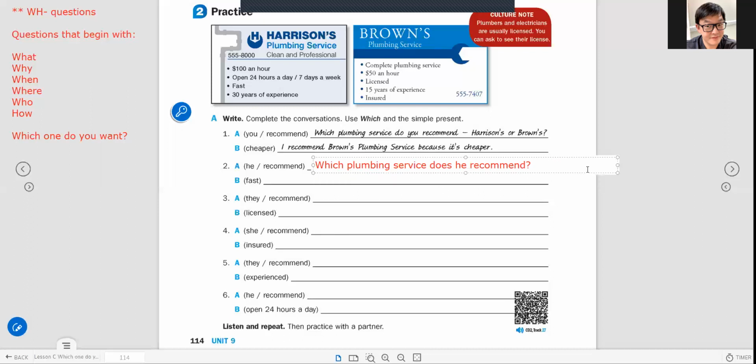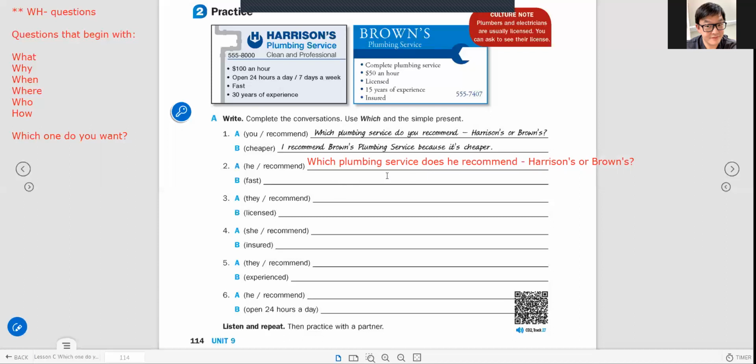And then you can put here Harrison's or Brown's. It's a hassle to keep writing these names all the time, you know, but what can we do? Which plumbing service does he recommend?